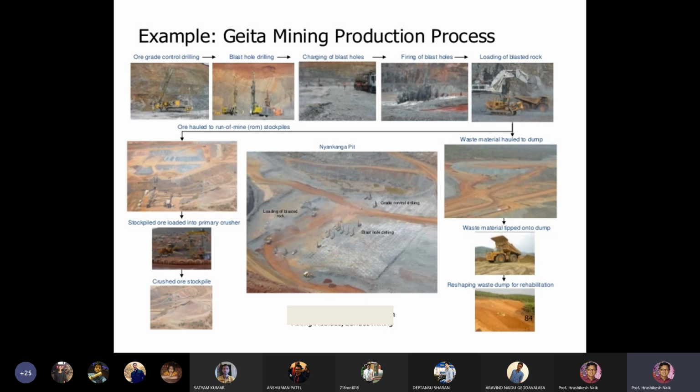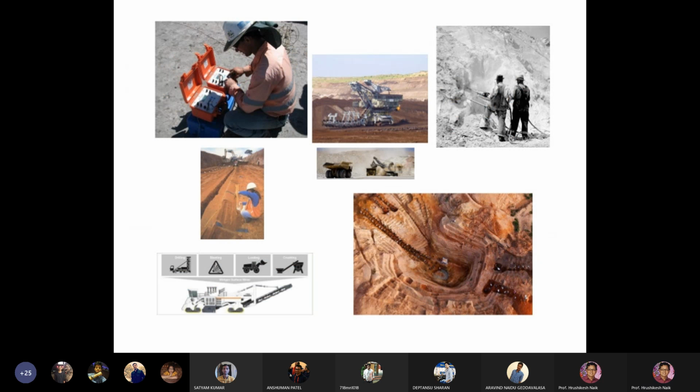The ore is stockpiled or loaded into the primary crusher, and crushed ore is stockpiled for dispatching to the user industry. So this is all you carry out, starting from surveying to drilling to pit design, loading, hauling, and transportation. All the activities are carried out with the help of this method of mining.